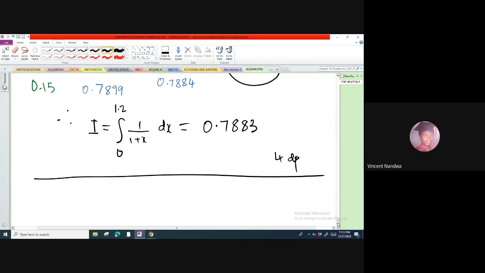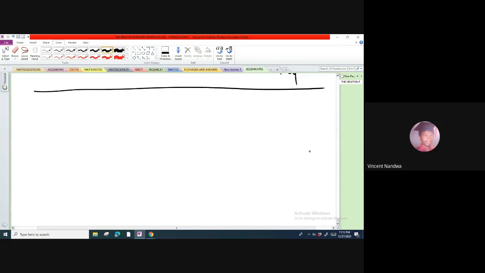So remember, just before we stop, when you have 4 values of h, you can always extend your formula. Like for the previous case, we picked our starting h to be 0.6. So h over 2 will be 0.3, h over 4 is 0.15.